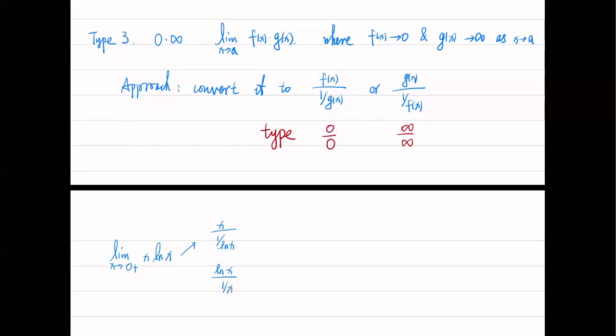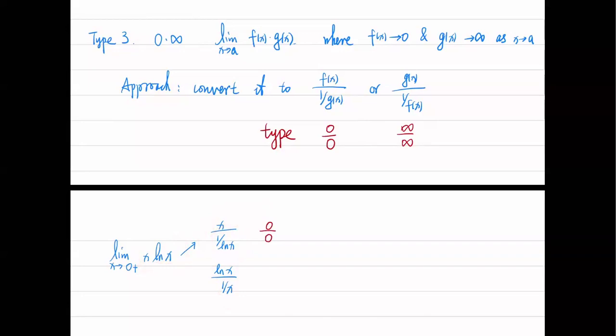We convert this to x over the reciprocal of logarithm, or logarithm over the reciprocal of x. Sophia, what's the type of this one? It's 0 over 0.